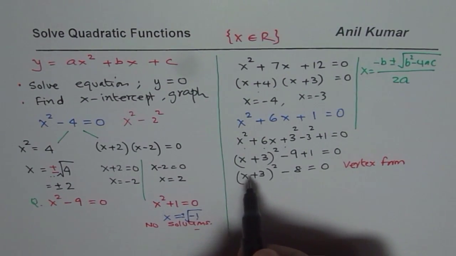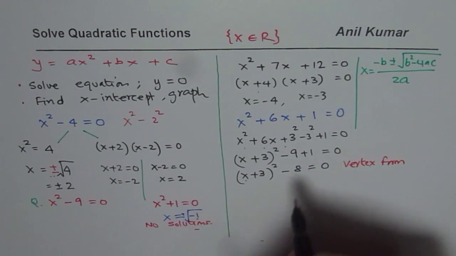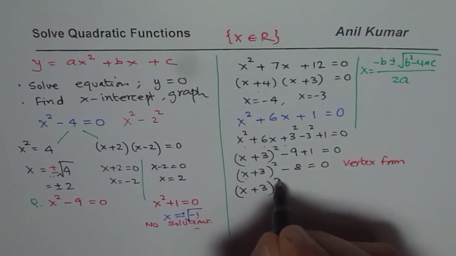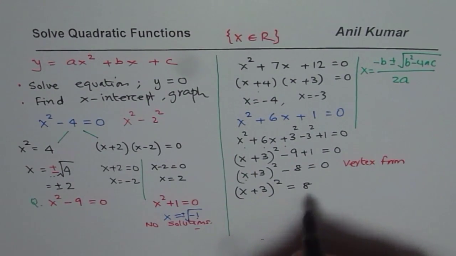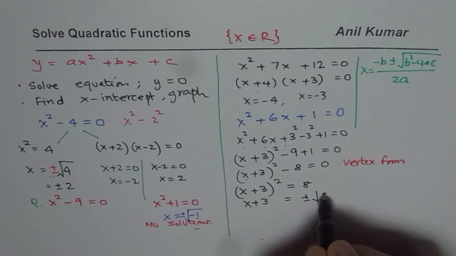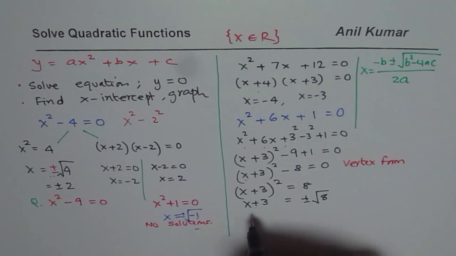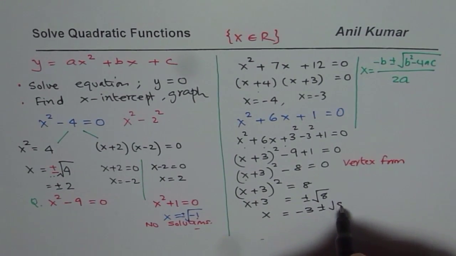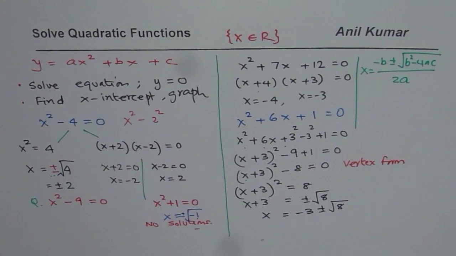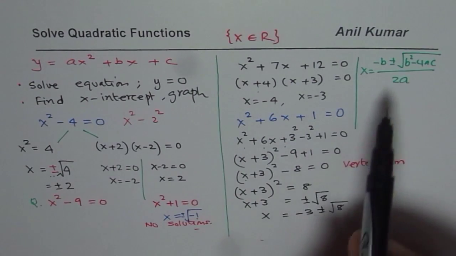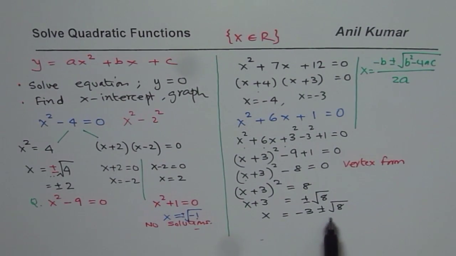Okay, now how to solve for x? We'll take 8 to the other side, so we get x plus 3 whole squared equals 8. Now we can take the square root, so we get x plus 3 equals plus or minus, don't forget that, square root of 8, and we can take 3 to this side, so we get x equals minus 3 plus or minus square root of 8. So that becomes the solution for the given equation. Well, you could have got the same solution by substituting a, b, c in the quadratic formula, correct?